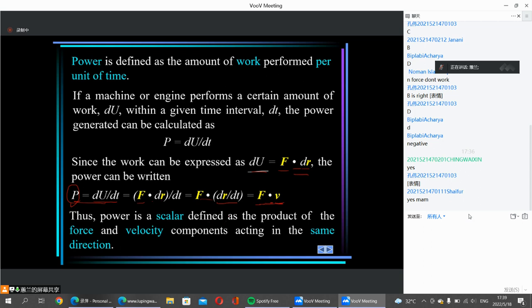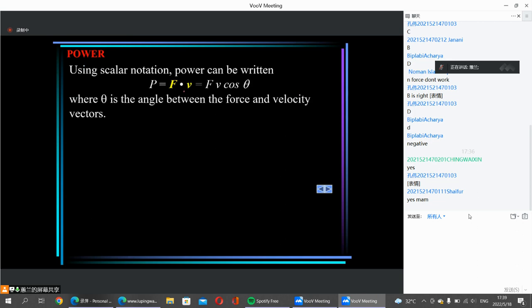Power here is always positive because it is the product of the force and velocity components acting in the same direction. According to the definition, power is equal to the magnitude of the force times the velocity times the cosine theta, where theta is the angle between the force and the velocity vectors.